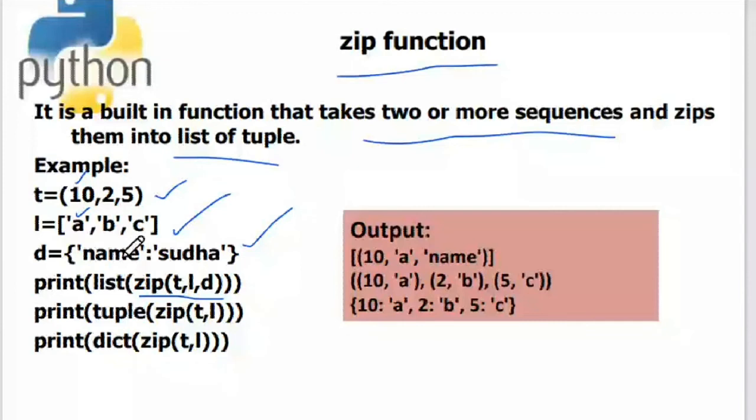But if I had another key and value pair, I would get 2, B and that also. Since I have just one key, it paired with the first elements of all three sequences. So I got the output 10, A and name. After this, I am converting it into a list, and that is also possible.